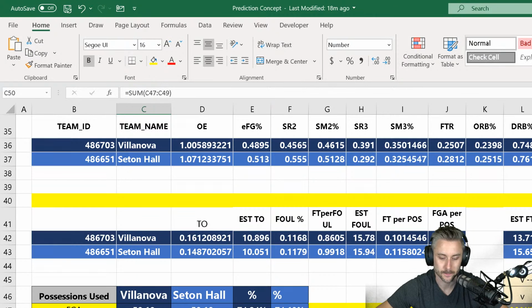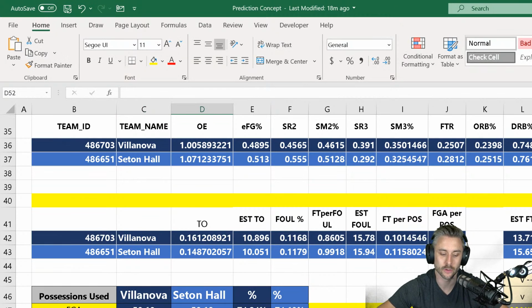The number of free throws per possession in college basketball is free throw attempts times 0.475. So that's all I did. I did the estimated number of free throws, which in Villanova's case is 13.7, and I multiplied that times 0.475, as you can see here.